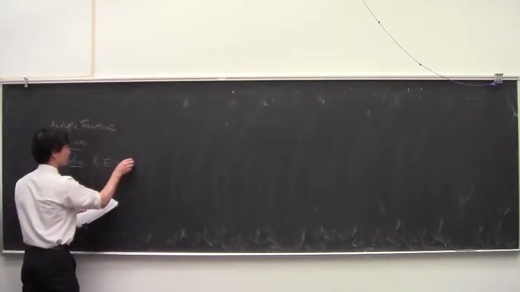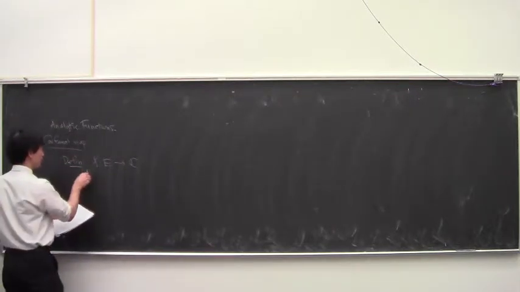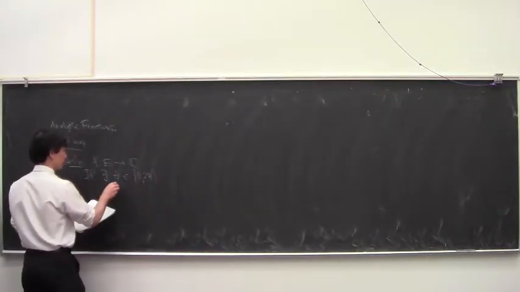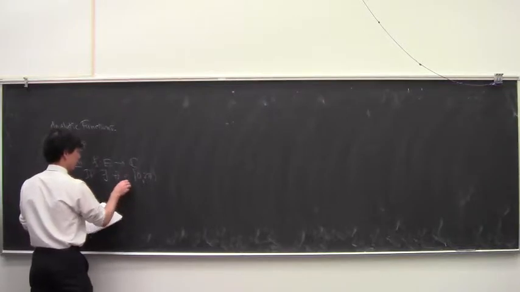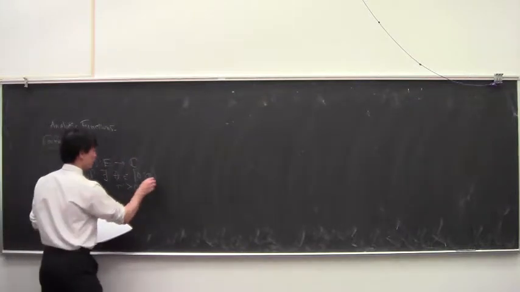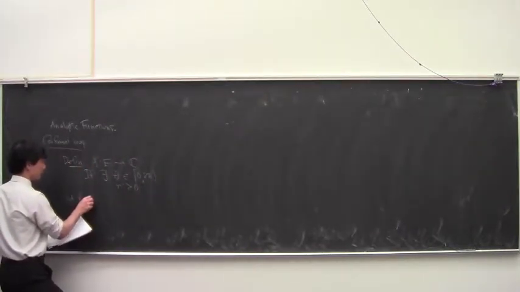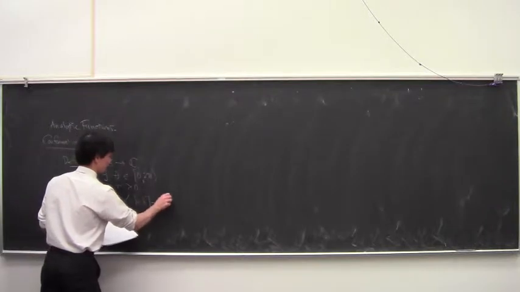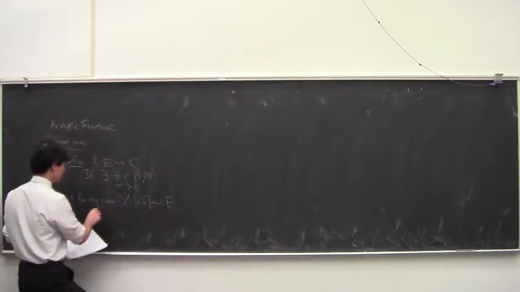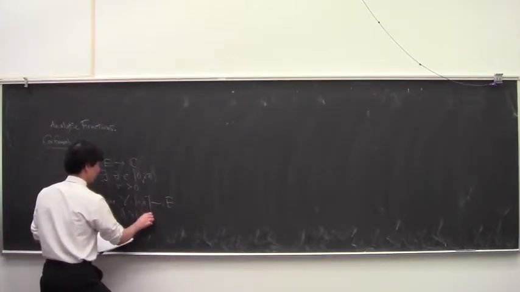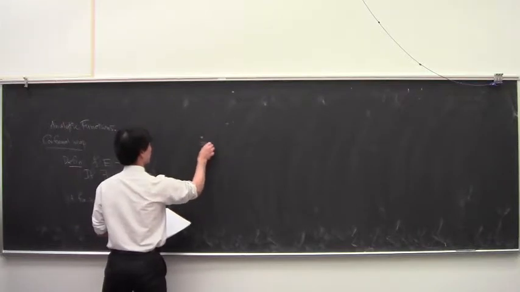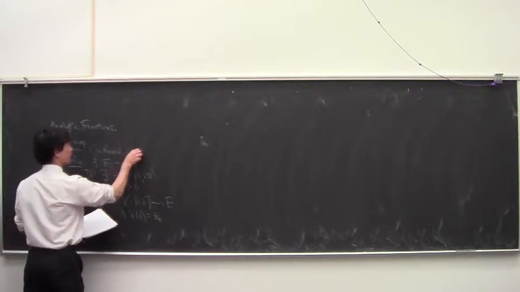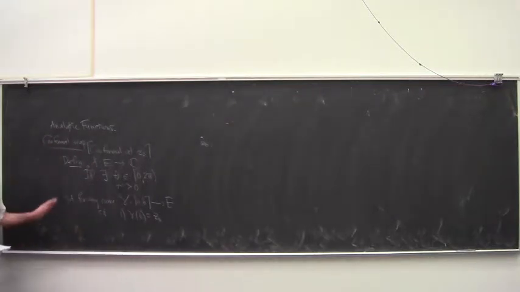So you have some map, and there exists some angle theta and some number r, such that for any curve gamma that goes into E, when gamma passes through some point z naught, so this is going to be the definition of a map that is conformal at z naught.